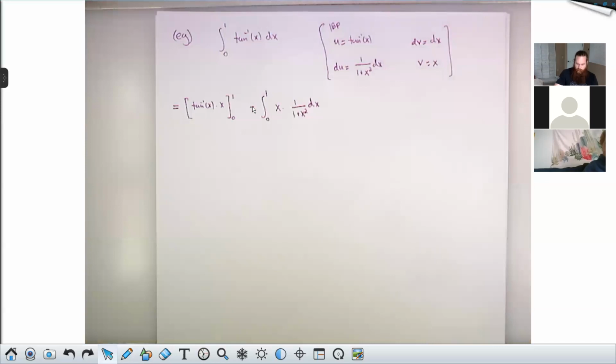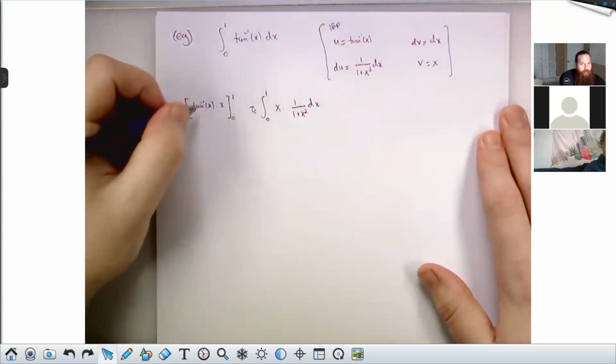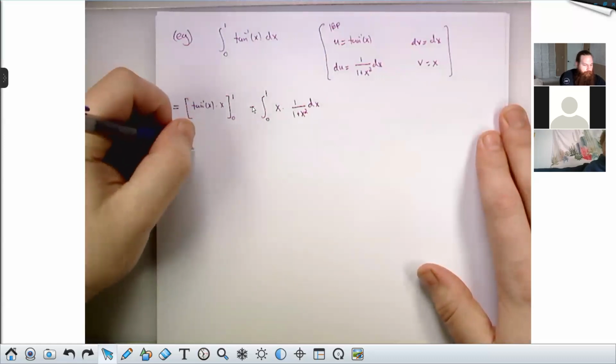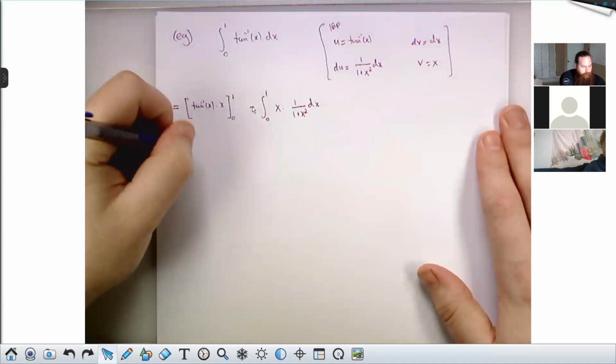And my recommendation for these is to always go ahead and knock out that evaluation piece. Don't wait. Otherwise you might forget to evaluate. If I plug in 1 here, I get inverse tangent of 1 times 1. The inverse tangent of 1 is pi over 4.